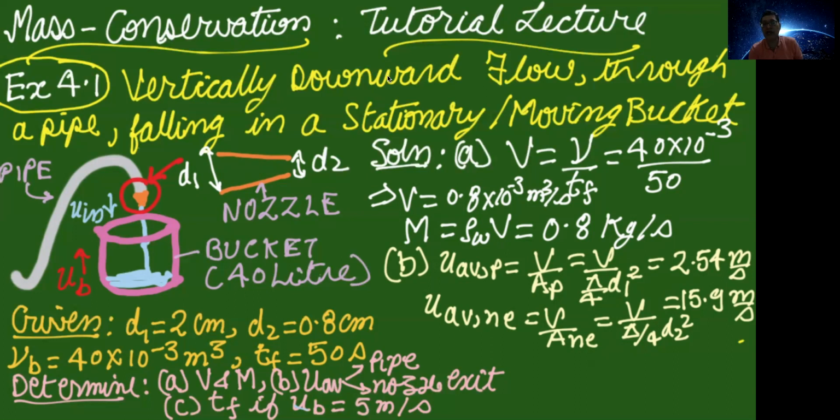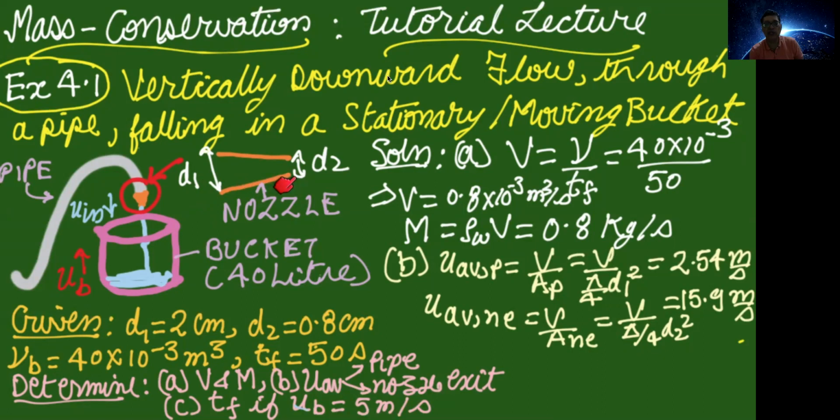Now note that if you compare the average velocity at the nozzle exit and in the pipe, the average velocity in the pipe corresponds to the average velocity at the nozzle inlet. At the nozzle inlet, the velocity is 2.54, which corresponds to the average velocity of the flow in the pipe. At the nozzle exit, we have an average velocity of 15.9.